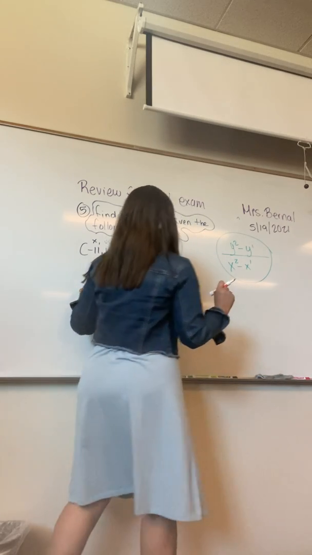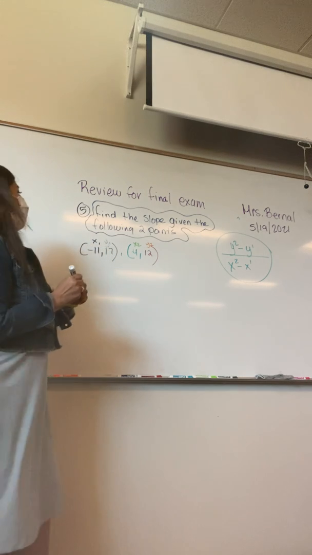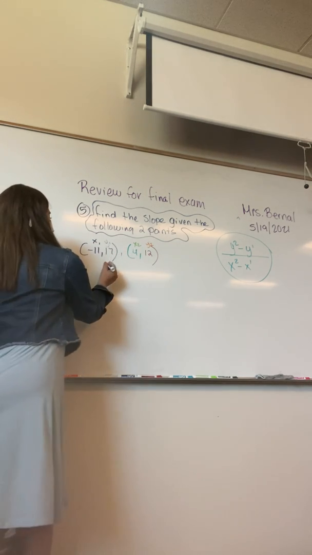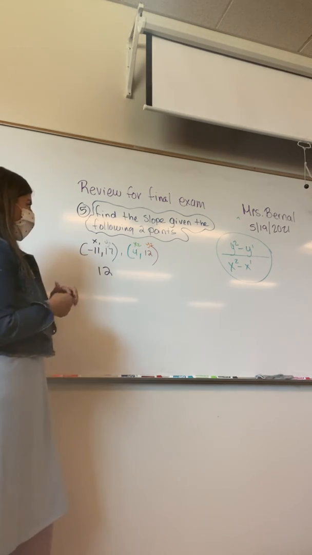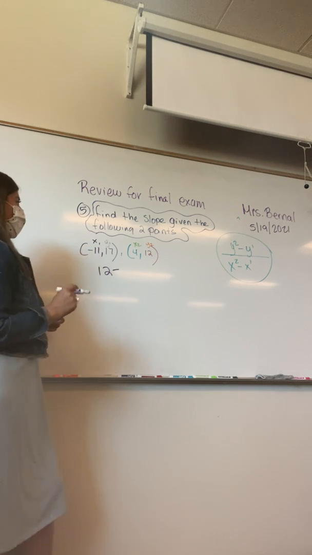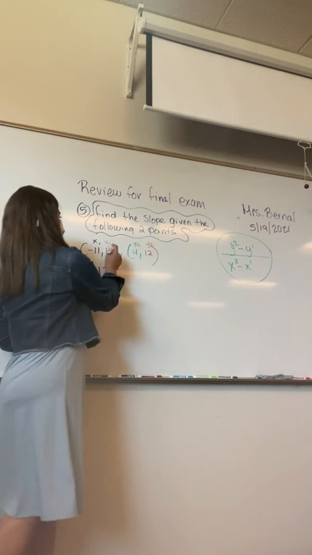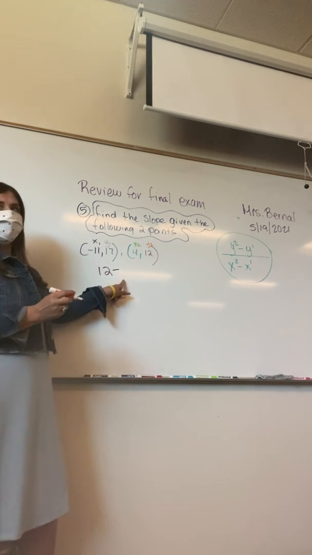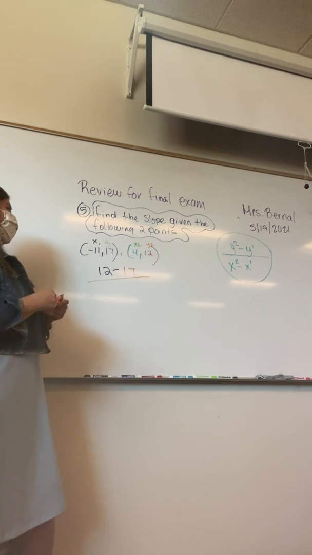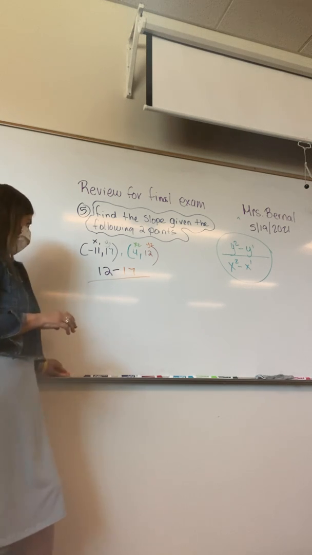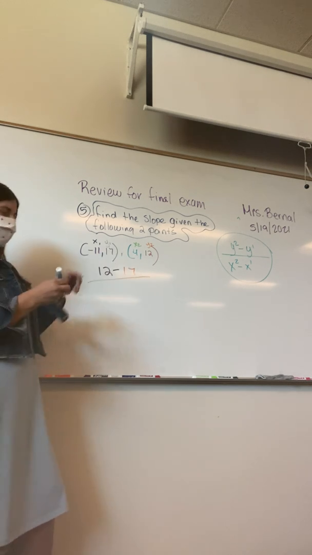So which one is our y2 in this case? Which number is y2? 12. So we put the 12. And which one is our y1? 17. So we put 17, and it's a positive 17, so we don't have to put a sign right here. And which one is our x2? 4.